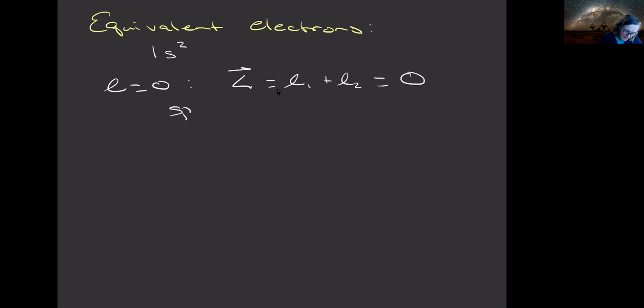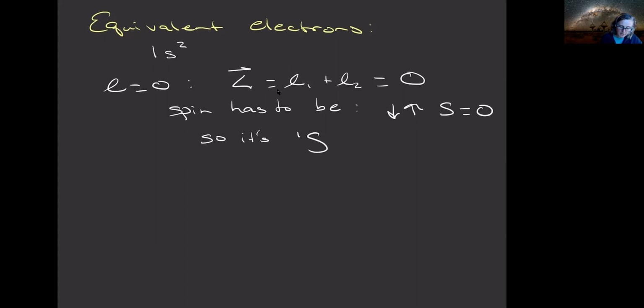The spins have to be paired, or they would otherwise be the exact same indistinguishable electron, and that wouldn't be allowed. And so S has got to be equal to 0, and the only state that's allowable is a 1S state.